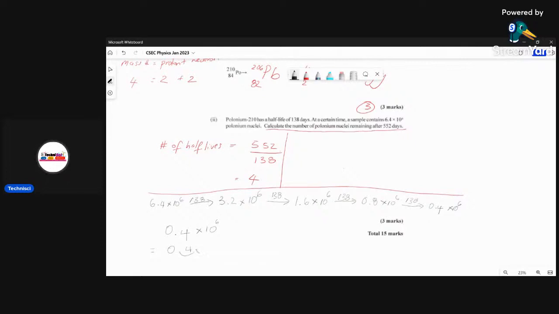So it's 1, 2, 3, 4, 5, 6. That is equal to 400,000, or 4.0 times 10 to the 5.